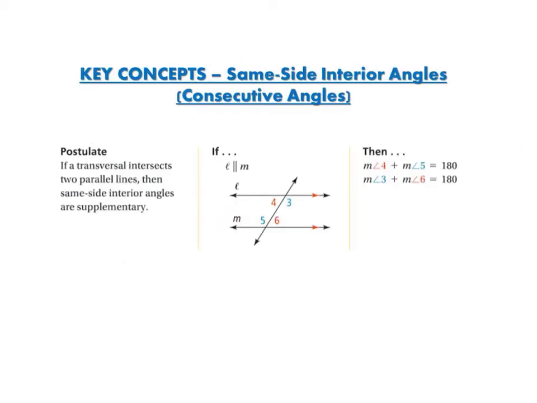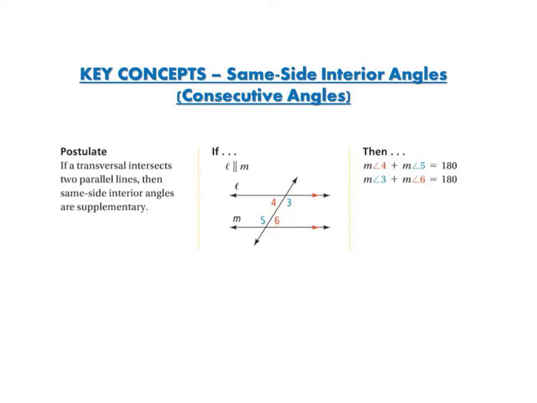Let's take a look at same side interior angles or consecutive angles. Now if you remember, same side interior means that they are inside of the two lines and they are on the same side of the transversal.